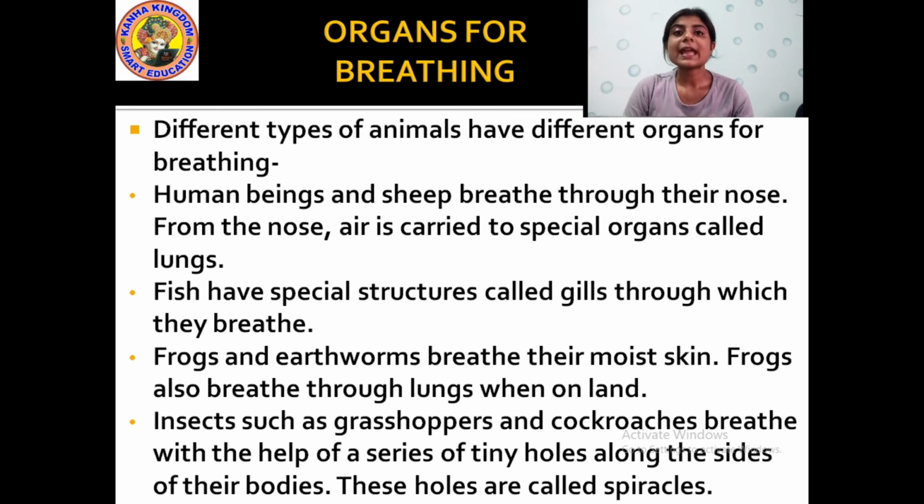Understood? Then insects such as grasshoppers and cockroaches breathe with the help of a series of tiny holes along the sides of their body, which are called spiracles. These tiny holes are situated along the sides of their bodies.